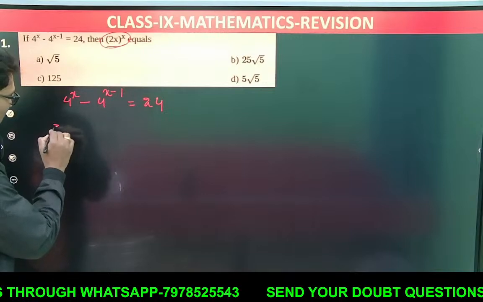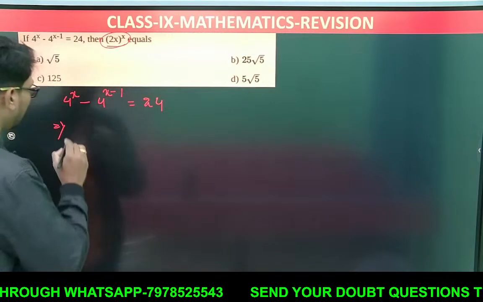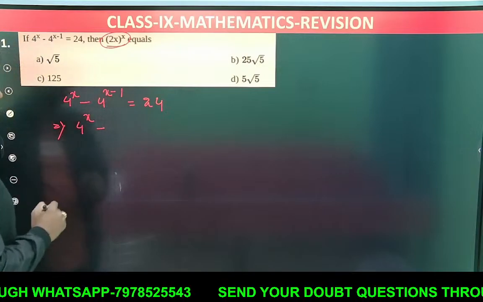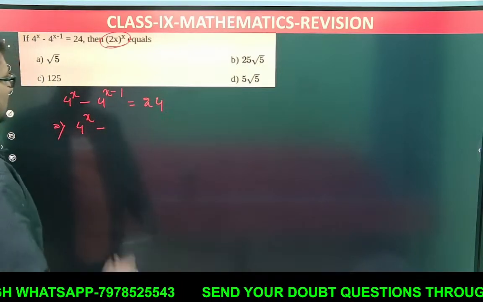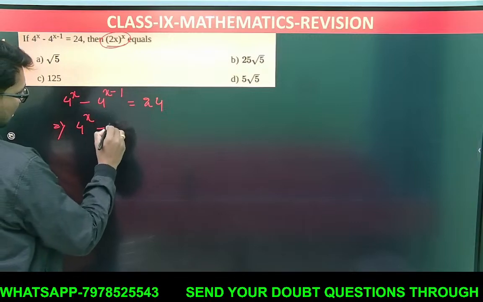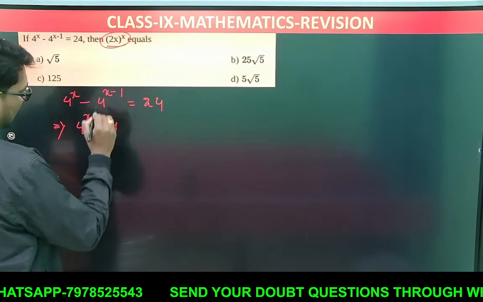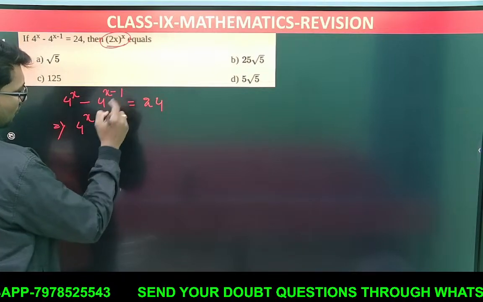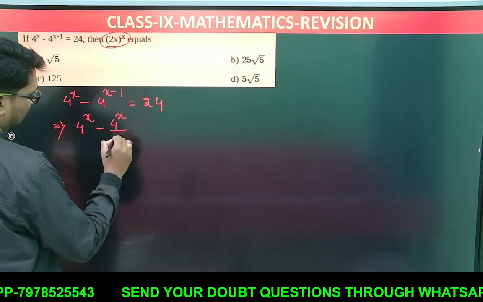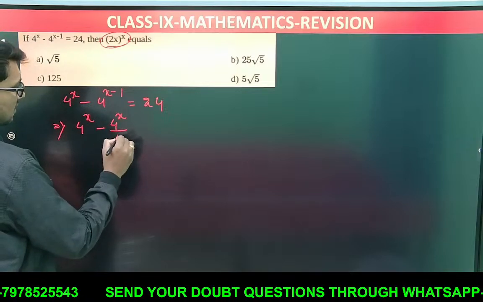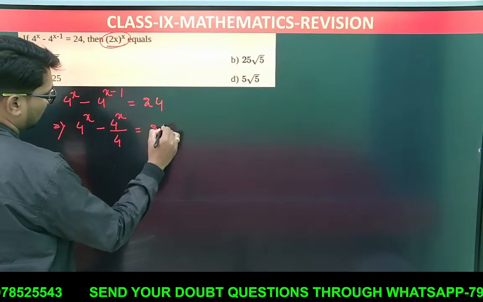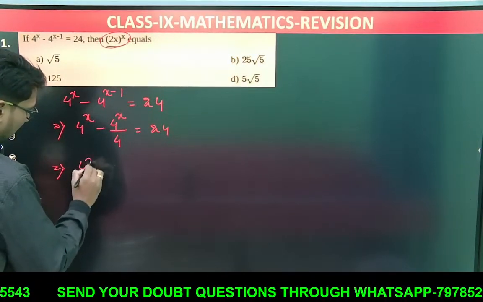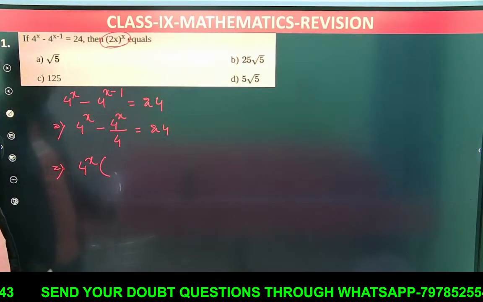See now, while simplifying, this will become 4 to the power x minus this one. We know the rules of exponents. If the power is subtracted, that means we can write this as 4 to the power x divided by 4 to the power 1, that is 4, is equal to 24, which implies 4 to the power x we can take common from here. 4 to the power x is common.